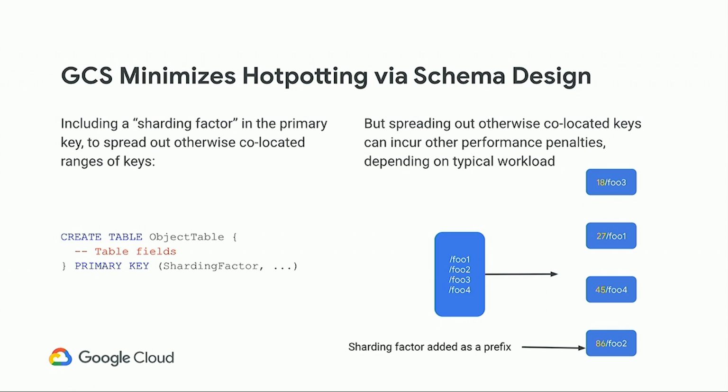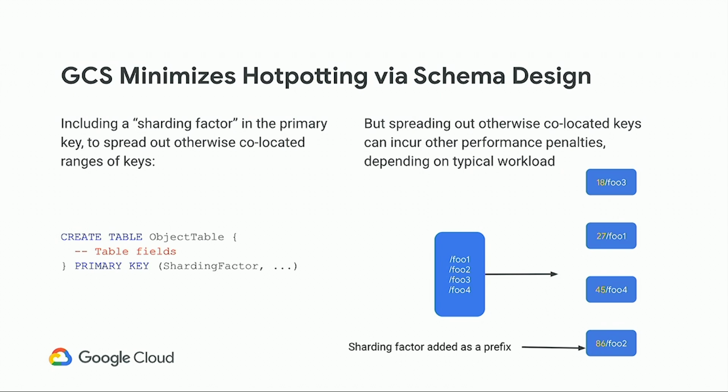If the hotspotting problem that you're facing is that there are small ranges of keys that can get much hotter than other ranges, say for instance, in this example, a collection of objects that are all very similarly named, so they share a given key prefix, you can address any potential hotspotting that might occur on that range of your key space by just spreading it out more widely in your key space by applying what we call a sharding factor.